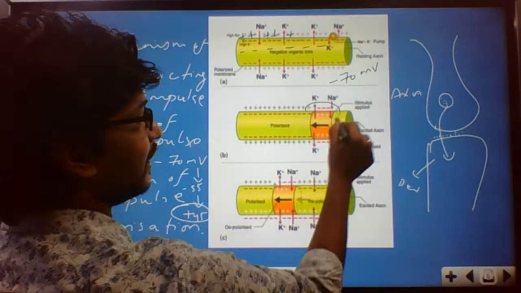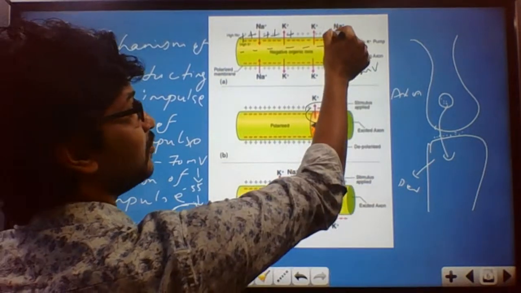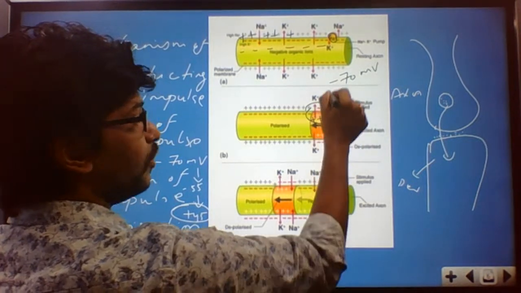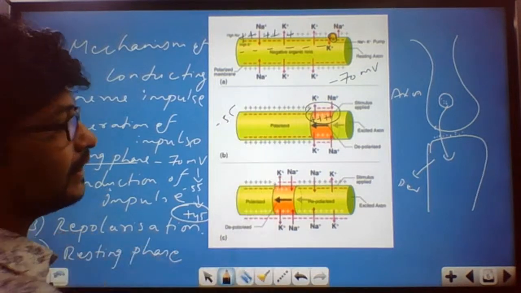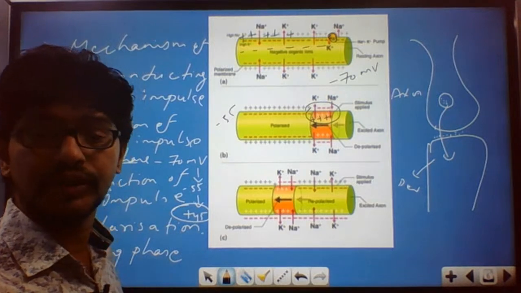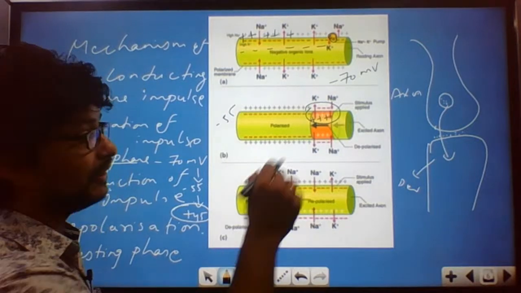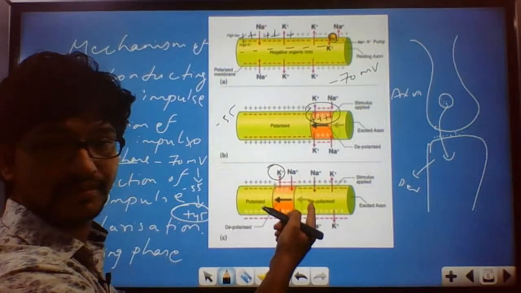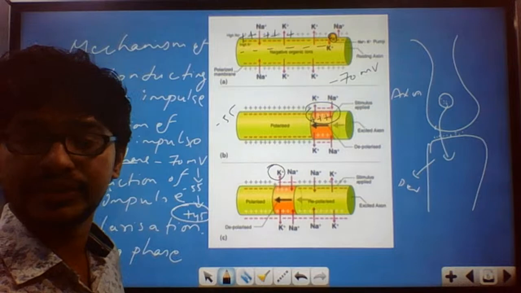Take this area where the outside was positive. Now the sodium is going inside through the gateway, so inside is getting positive, reaching -55. As the concentration of sodium inside increases, the potassium, by means of the potassium pump, is forced to go outside, so outside there will be negativity.